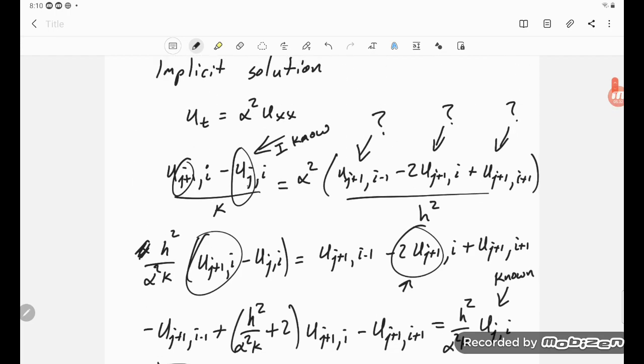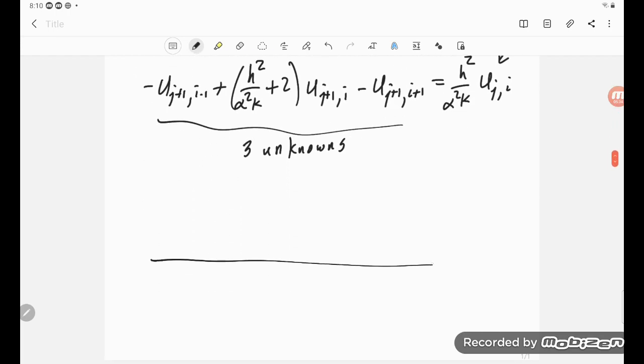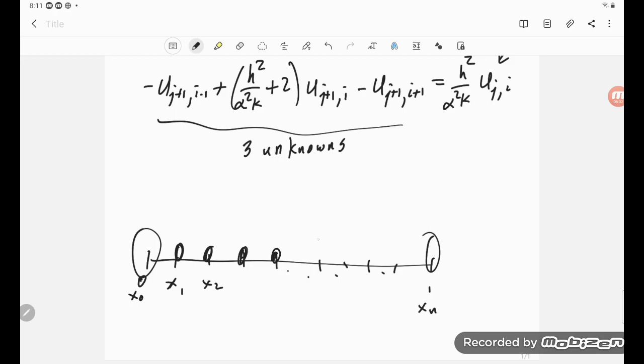But remember, there's x sub 0, here's x sub 1, x sub 2, and we'll call this x sub n down here. If I do this at each of these points, again, I know the boundaries.